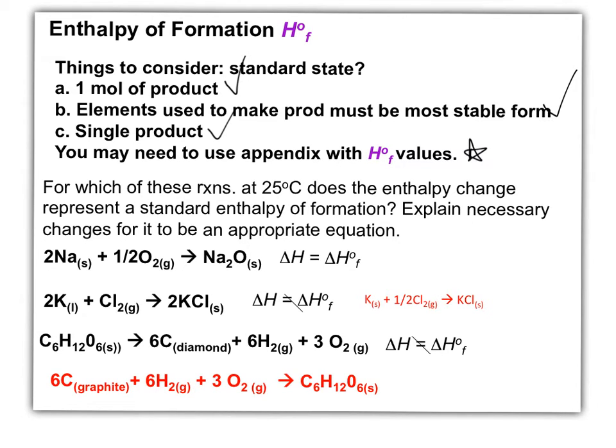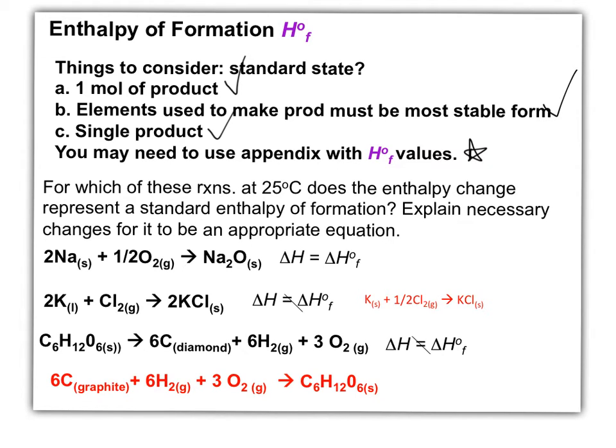Okay, so if we look at this first problem, first things first is criteria A, 1 mole of product. There is a single mole of product here, so far we're good. Okay, elements used to make the product must be in their most stable form. If we go into the appendix, we will see that the enthalpy of formation value for sodium in its solid state and O2 in its gaseous state are both equal to 0, and those are as stable as you can get with respect to those 2 elements.